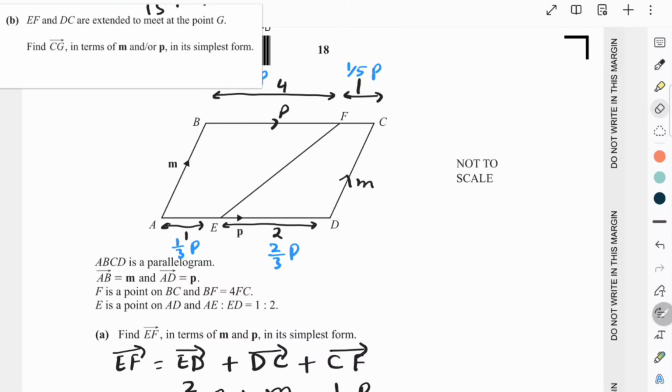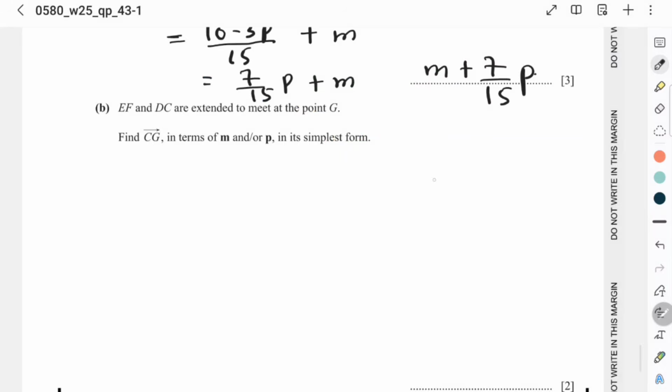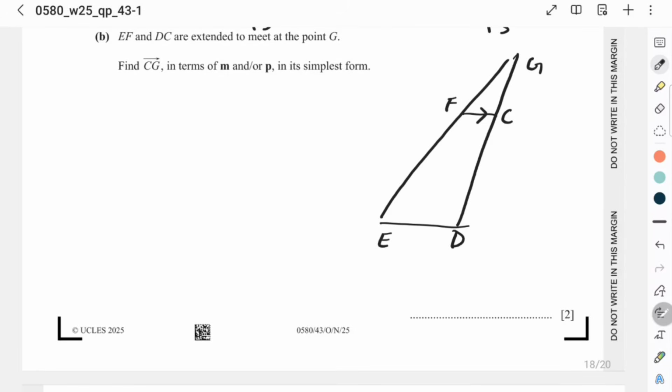Here they are just telling us that EF is extending, and DC is also extending, to meet at G. So this is the point G, and we can see the similar triangles. Here they're just asking us to calculate the value of CG. So I'm drawing it here, the triangles GFC and GED.